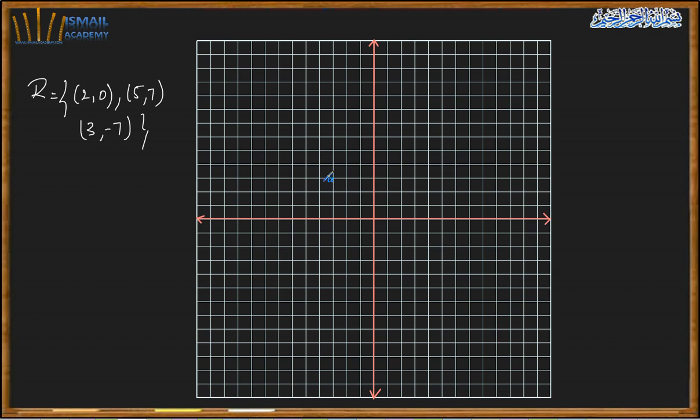So in that case, I will plot the first pair (5, 7). So 5, I go up 7. Then I go down, minus 7. So now I graph my relation. Or we can have this type of relation, for example, x squared plus y squared equals, for example, 9.